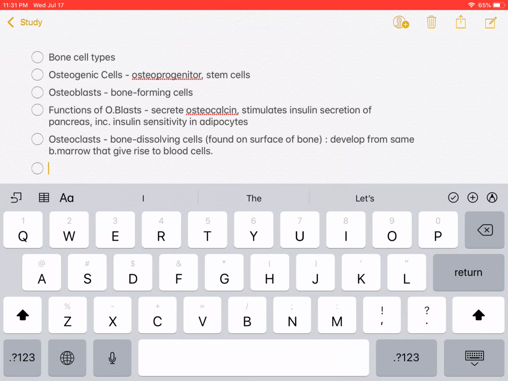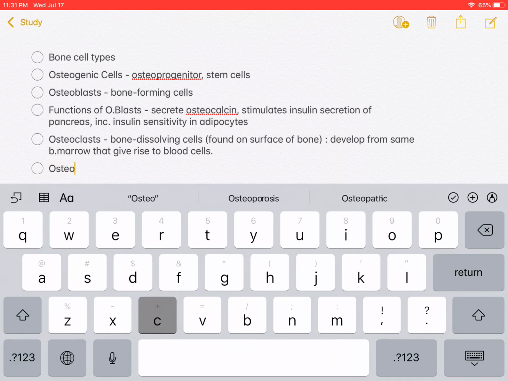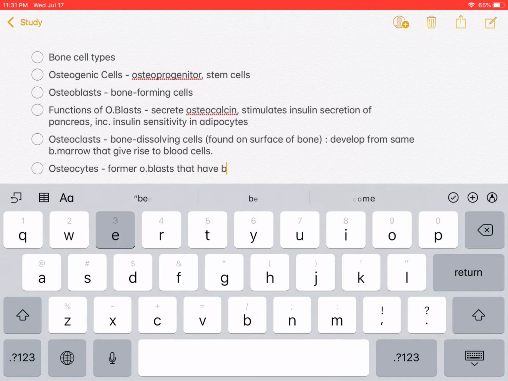What about the functions of the osteocytes? We're not there yet. So let's talk about osteocytes. Osteocytes are former osteoblasts that have become trapped in the matrix. So what you can remember is that osteocytes come from osteoblasts.